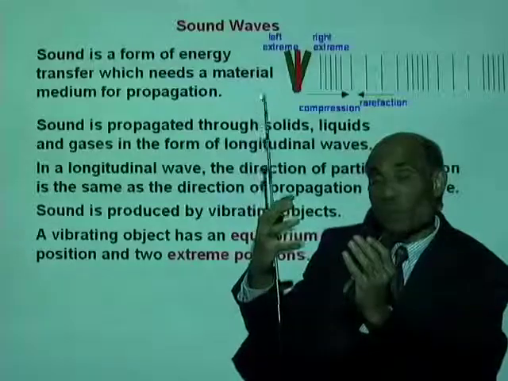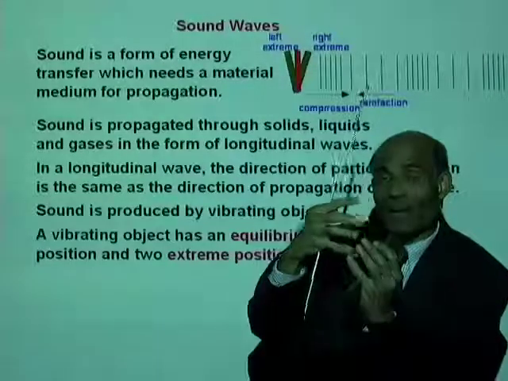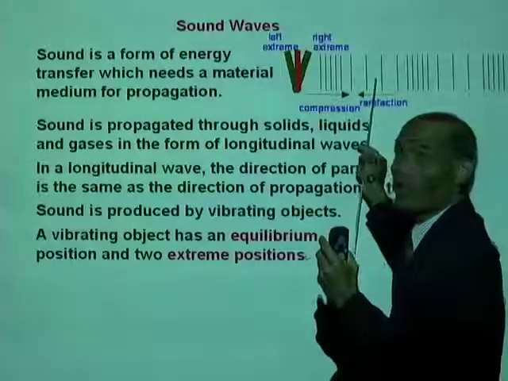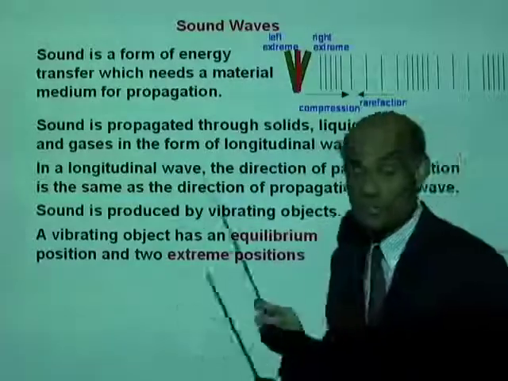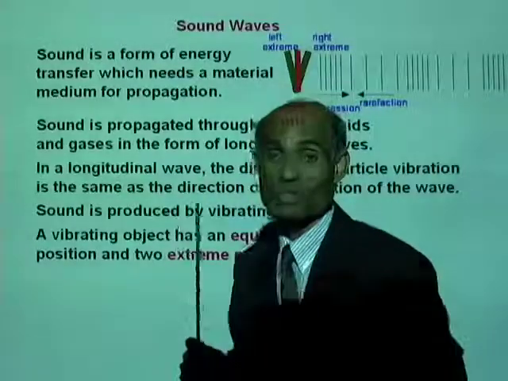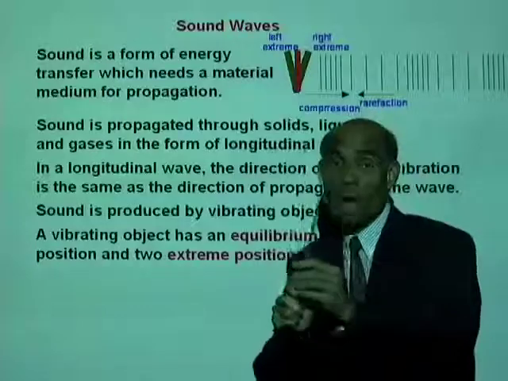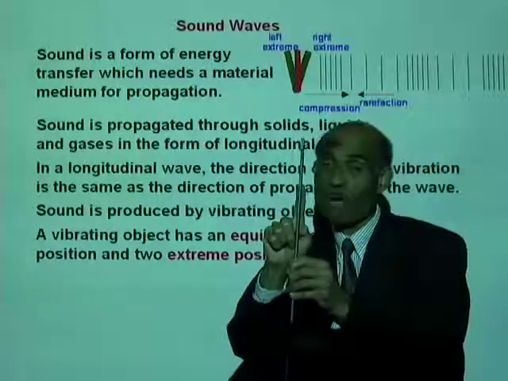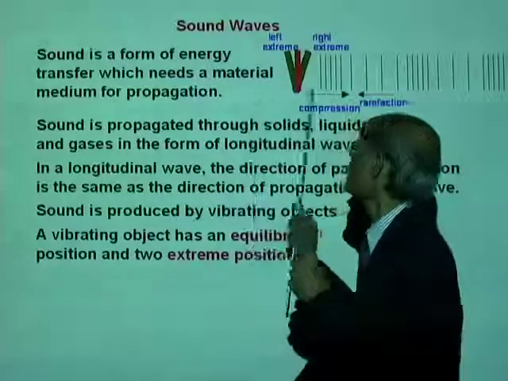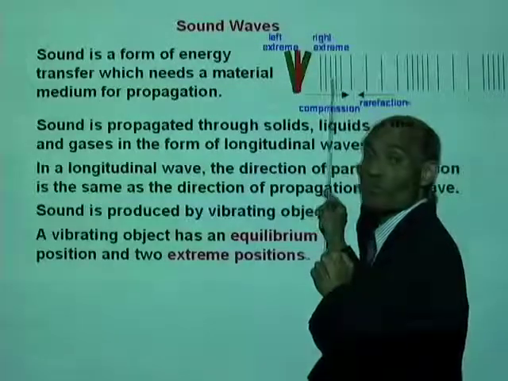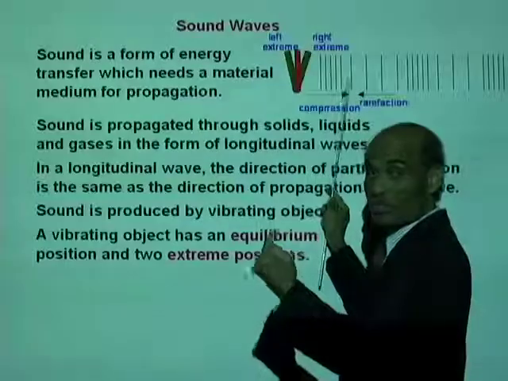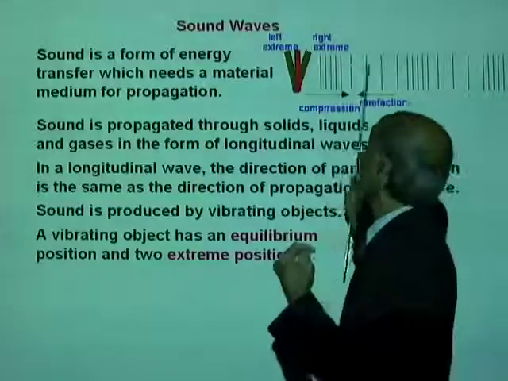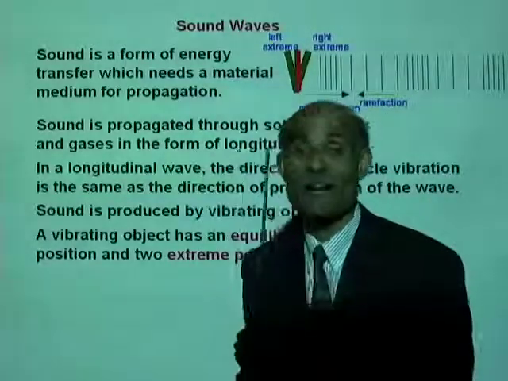That means the particles will vibrate back, and that is the region of rarefaction. So, take note of this. A particle vibrating forward is in a region of compression, and a particle vibrating backward is in a region of rarefaction.